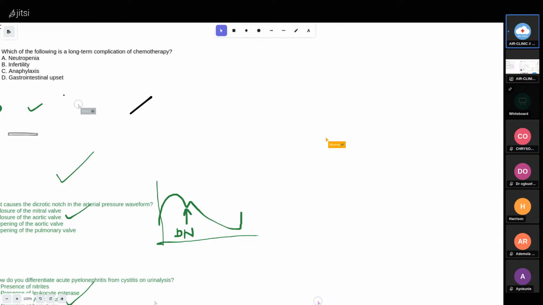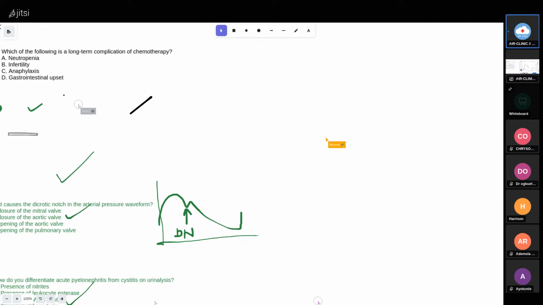Remember, this is the superior vena cava, this vessel here, and this is the inferior vena cava, right? So the SA node is coming from just the angle between the inferior and the superior vena cava. So somewhere here, right? So we expect that the vessel that is on the right is going to be the one that is supplying it.